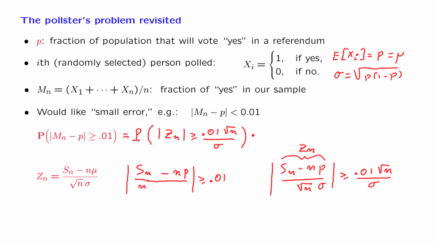And then we can use the central limit theorem approximation to approximate this probability by the corresponding probability, where we now use a standard normal random variable instead of Zn. Here Z stands for a standard normal random variable with mean 0 and variance equal to 1.